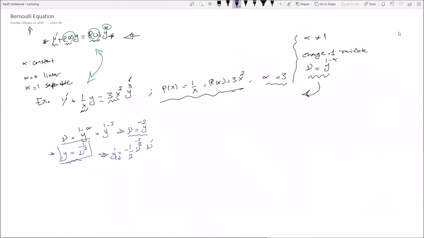Now going back to our main differential equation, wherever we see y prime, we replace it with this value.